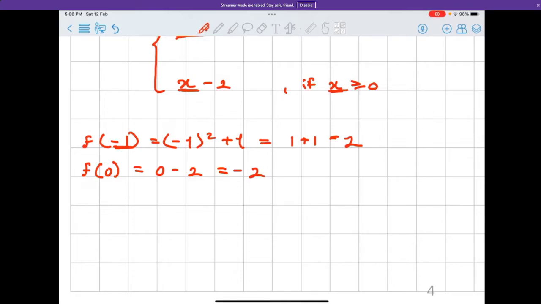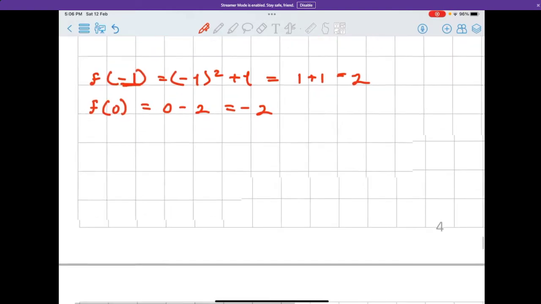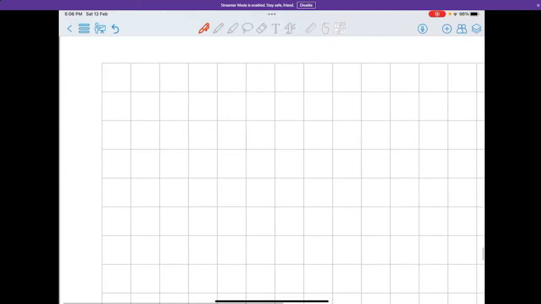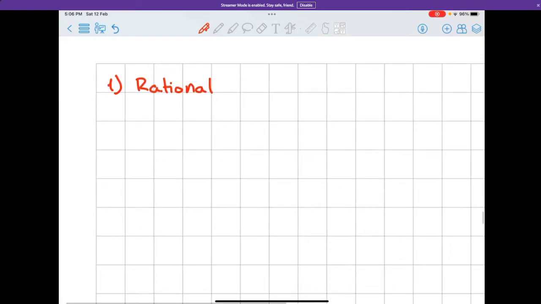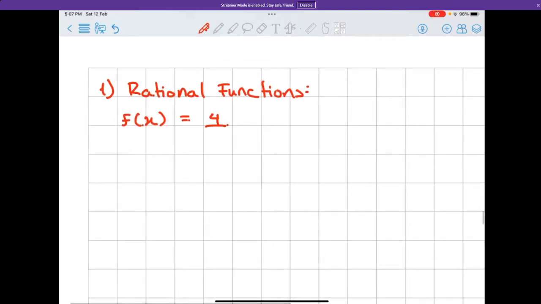Now it's about finding the domain of a function. Okay? And of course we have different types of functions, and each one is different for finding domain. Now first off, let's start with rational functions. So if they gave us f of x equals 4 over x, and they told us to find the domain.